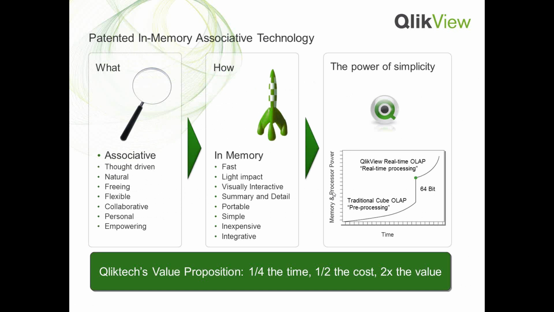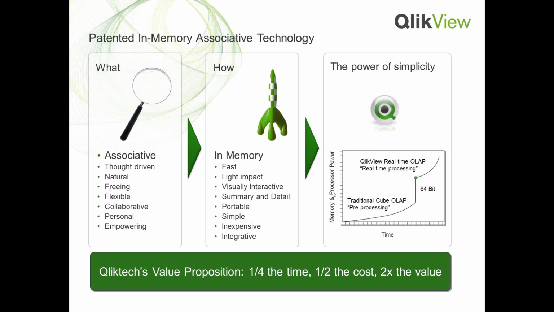The how is, obviously, the in-memory technology, so it's fast because of the very high speed of the RAM. Light impact: this pertains to when you don't have huge data. If you have a big organization, or you're going for very detailed data, the data is going to be huge.